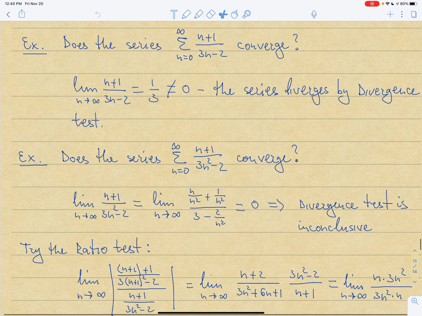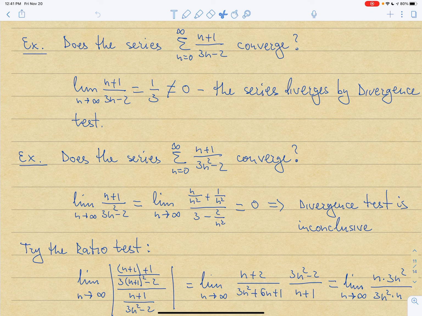All right. And now let's do a few more examples of the ratio and the root test. In fact, of all tests that we have learned so far. And let's start with the series (n+1) divided by (3n-2). If you need to choose a test for convergence, you should start with the easiest one.